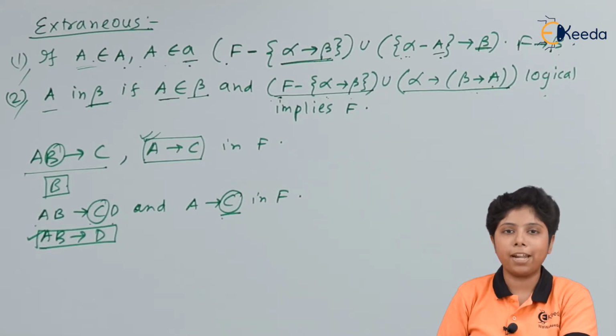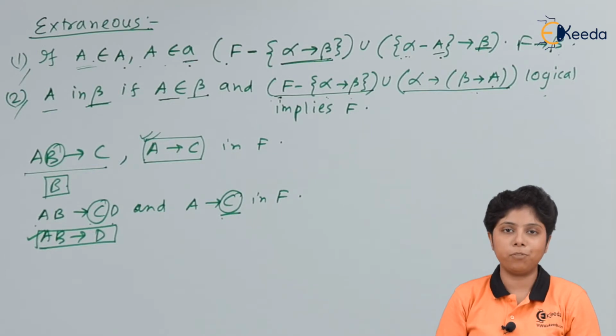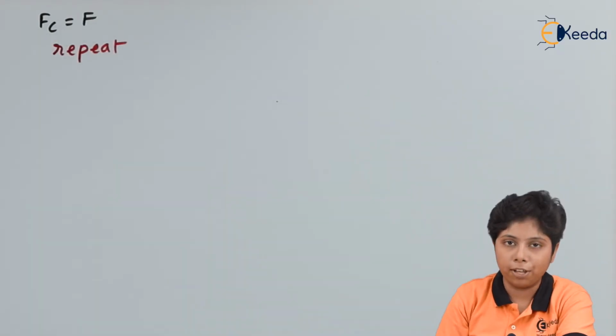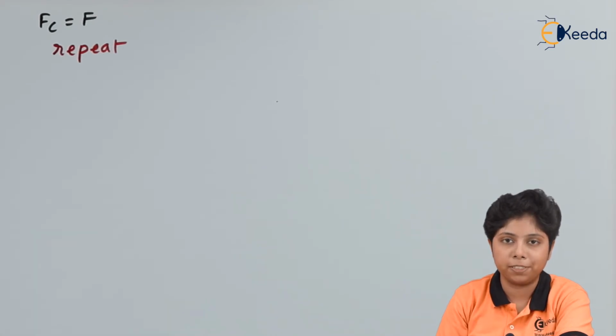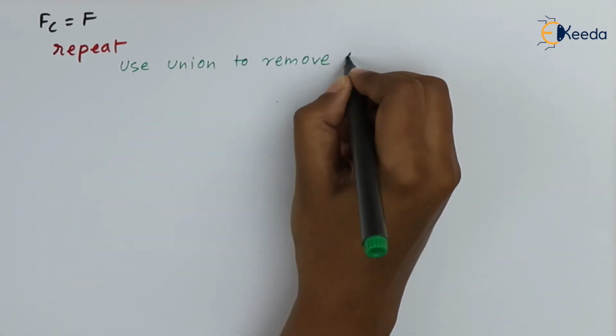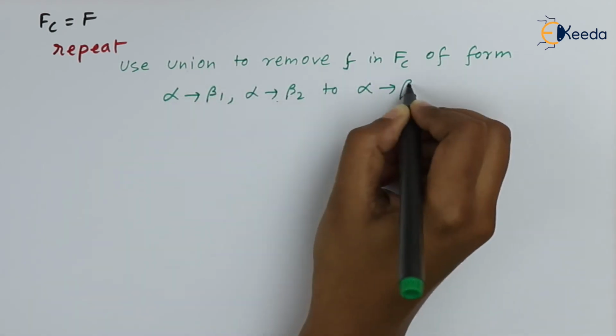Now we will compute the canonical cover by removing all the extraneous attributes from the relation F to make it a canonical cover of F. First, we take F as the canonical cover of F, that is Fc. Now we perform the loop to compute Fc.